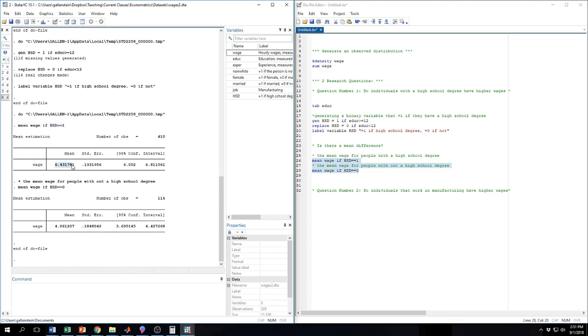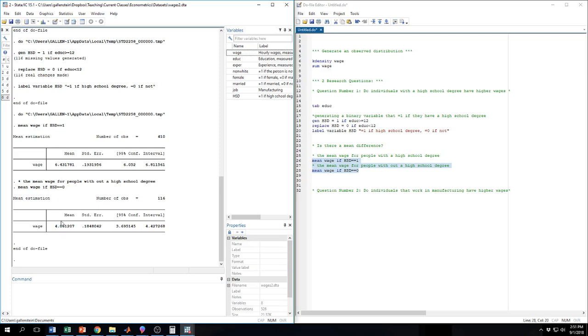This is the average wage for people if they have a high school degree, $6.4 an hour. Here is the average wage if they don't have a high school degree. All right, average wage if HSD equals 0, $4.06 or $4.1 an hour.